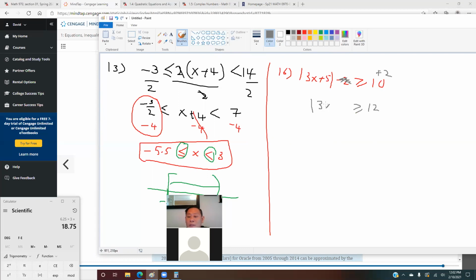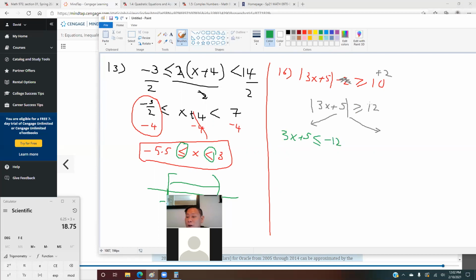So you got 3x plus 5 in the absolute value. How do you get rid of the absolute value for a greater than symbol? This is a formula you need to know. In order to do this, it's going to be 3x plus 5 less than or equal to -12.